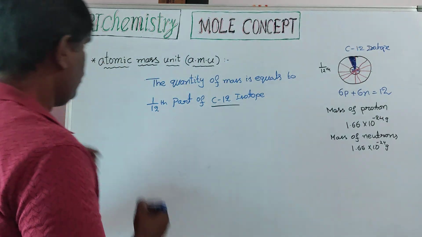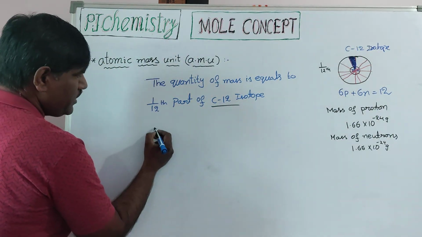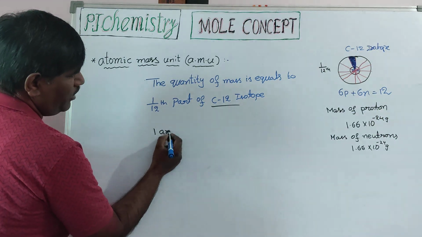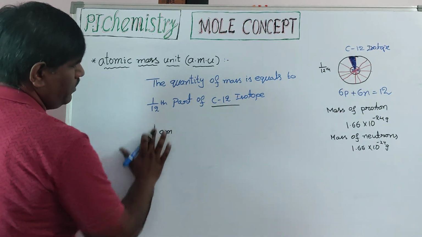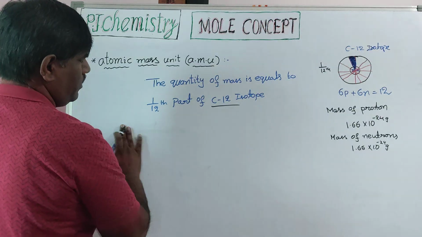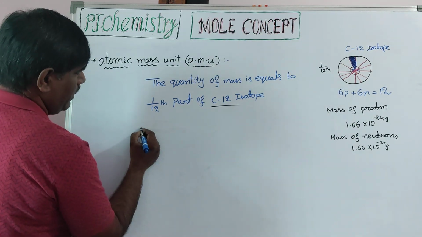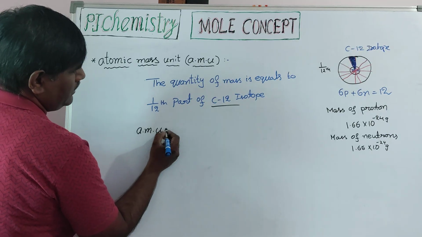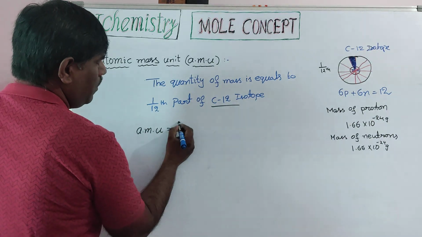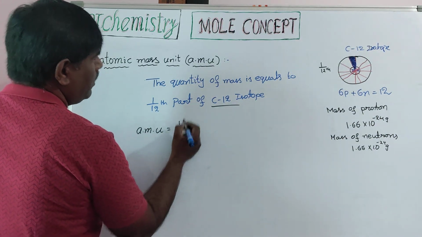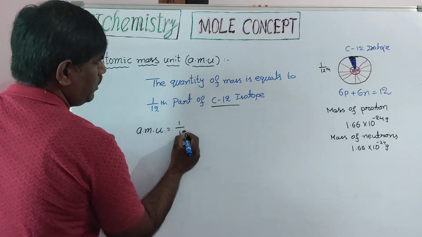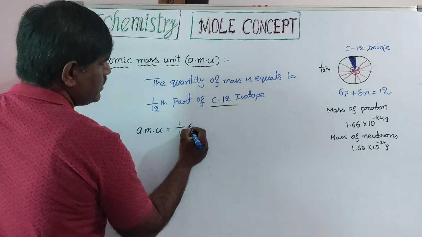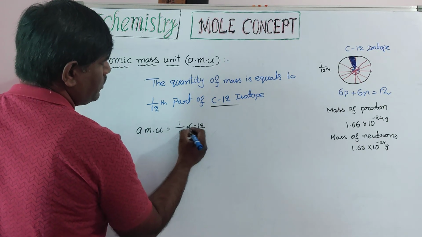That is what 1 AMU is equal to. 1 AMU is equal to, by definition, 1 by 12th part of C12 isotope.